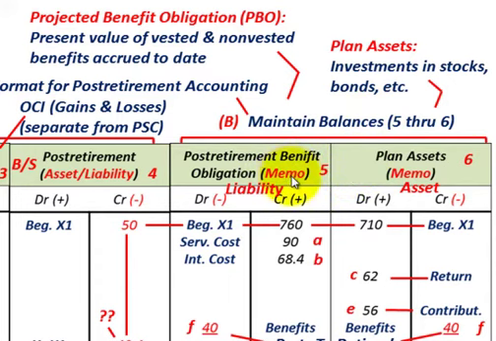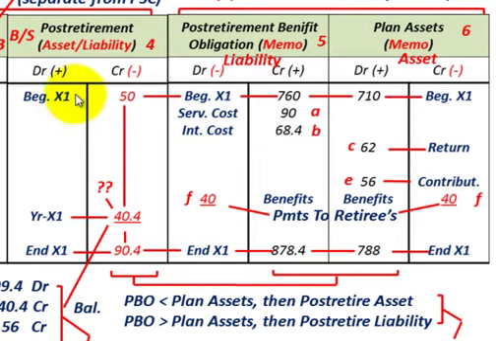So let's go back to this post-retirement asset and liability account and look at what's going on here. What we would do is start out with a beginning balance, year X1, the beginning of the year. We have to know what we're starting with. So we're going to have a credit, or reduction in our asset account or an increase in our liability account, for our post-retirement benefits accounting.